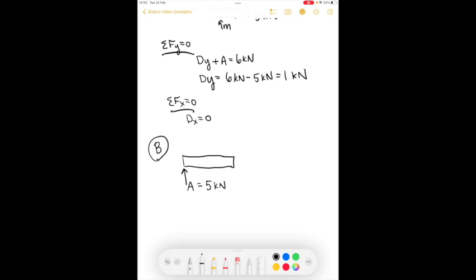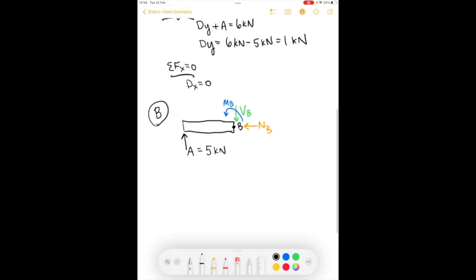That's the only external force applied. So here we'll draw the internal forces. We'll draw the normal force, and we'll call that NB. We'll draw the shear force, call that VB, and we'll draw the moment force, and we'll call that MB.